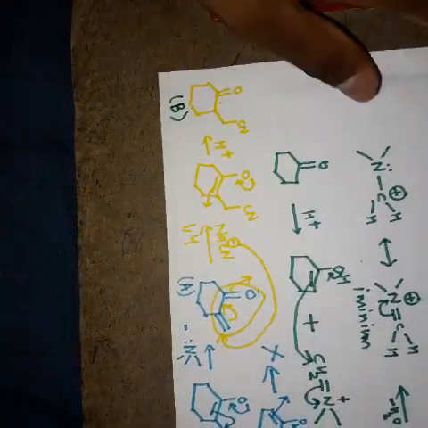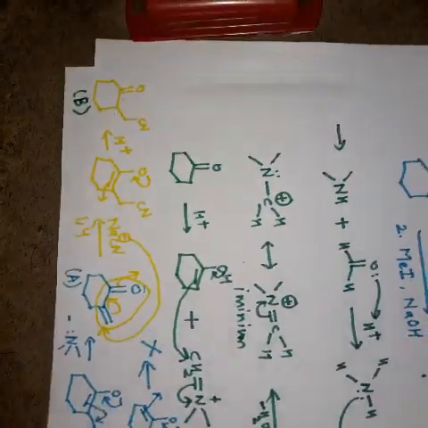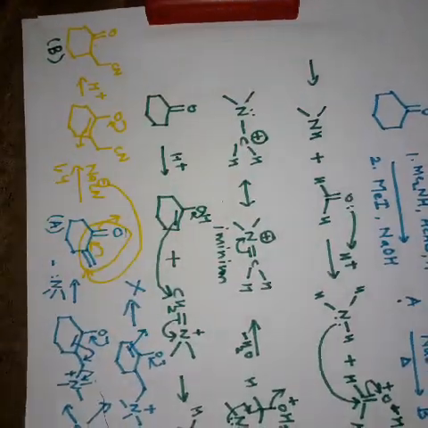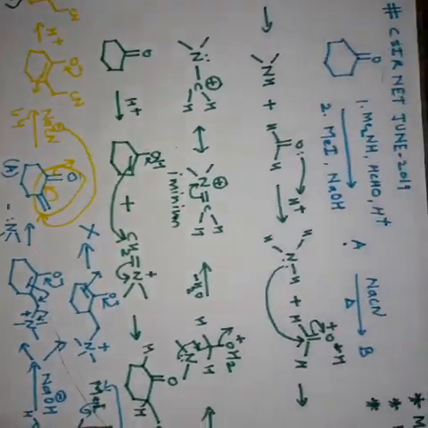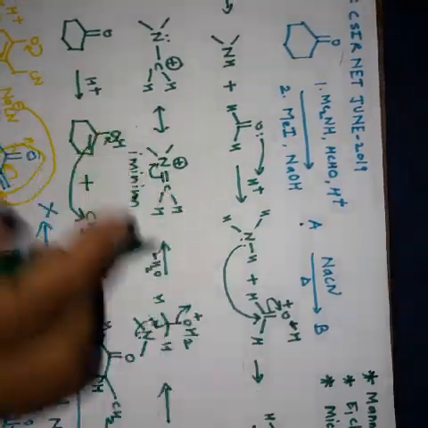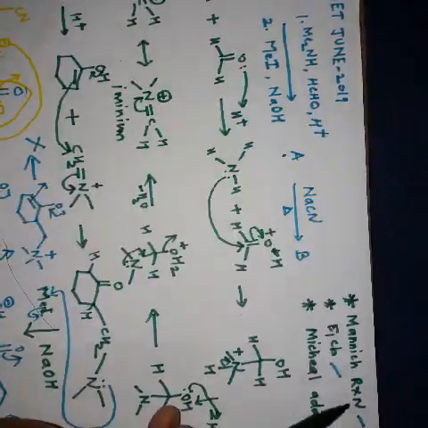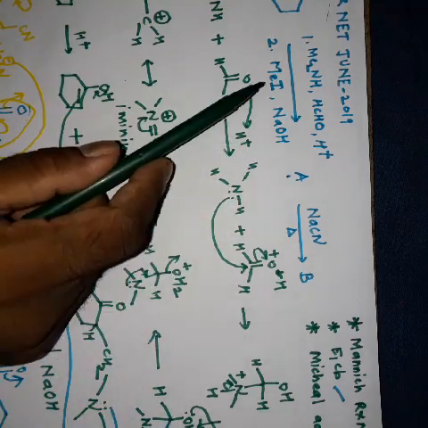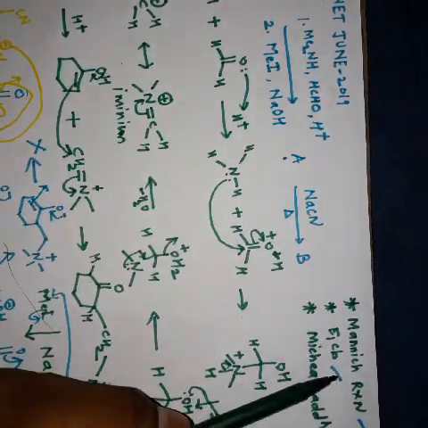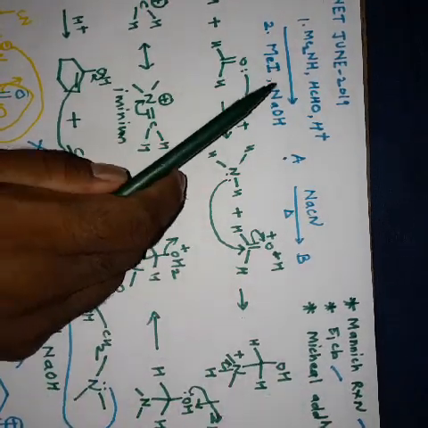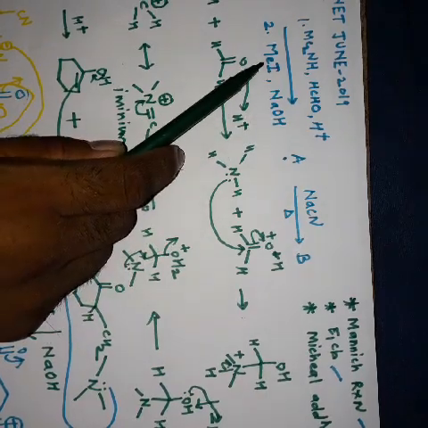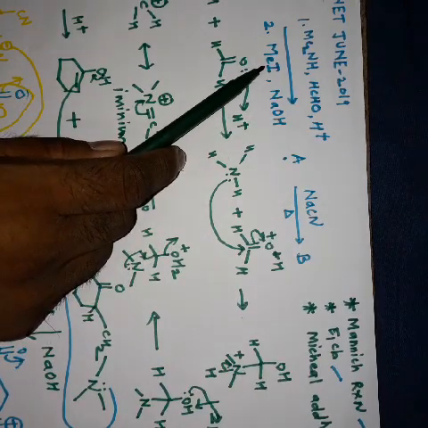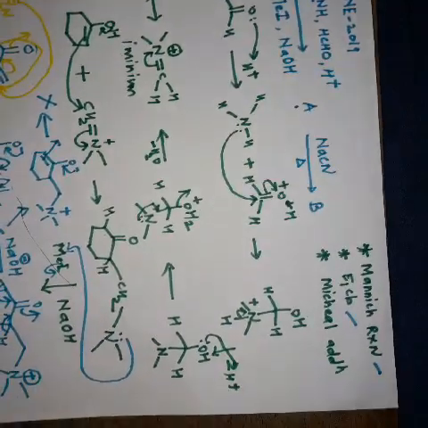So this is how we can solve this question. In order to solve this question, we need three concepts. First one is the Mannich reaction. We have already done the Mannich reaction, how to identify, I have already told you. Then second is the E1Cb reaction, and I have told you why NaOH does not react first, rather the methyl iodide reacts, because the nitrogen has a lone pair which is free to react.